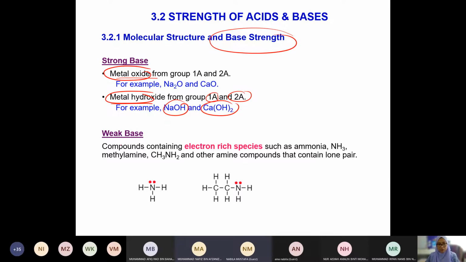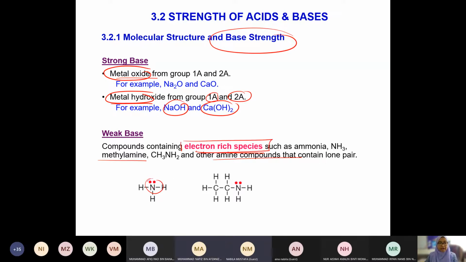On the other hand, weak bases are compounds containing electron-rich species such as ammonia, methylamine, and other amine groups that contain a lone pair. So weak bases normally consist of nitrogen, or contain electron-rich species.